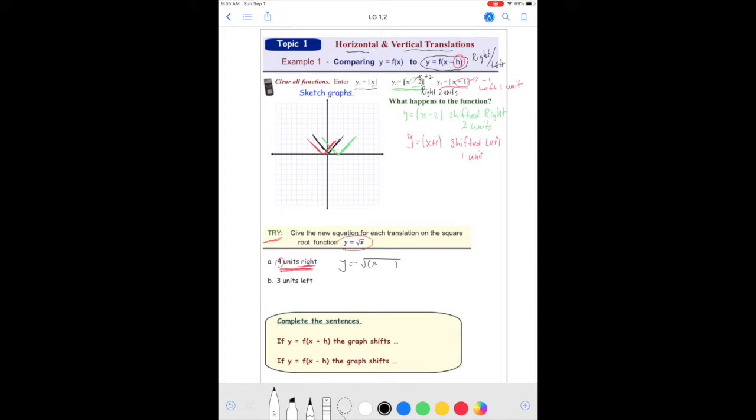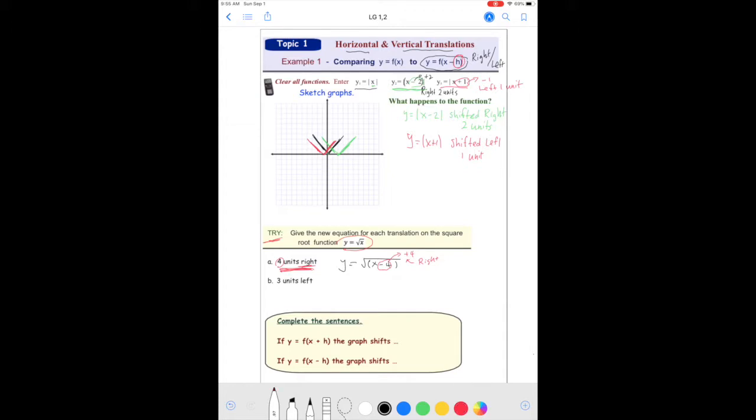Now, if it's going to the right, it is minus 4. Because you have to remember, when this guy comes out, it becomes plus 4. Now, plus is right. So make sure you are looking at what's coming out. That's what you describe.